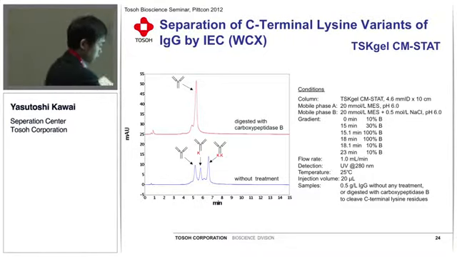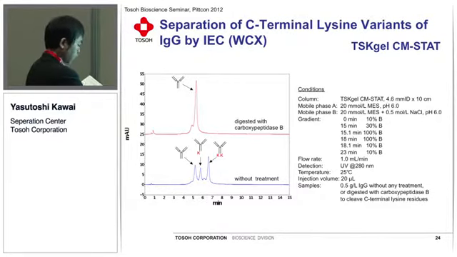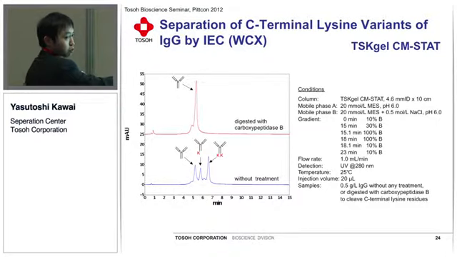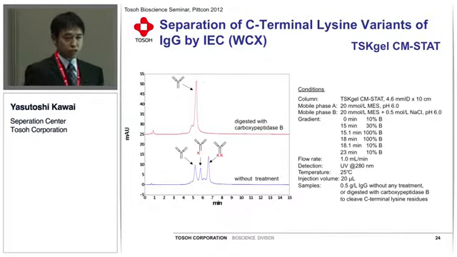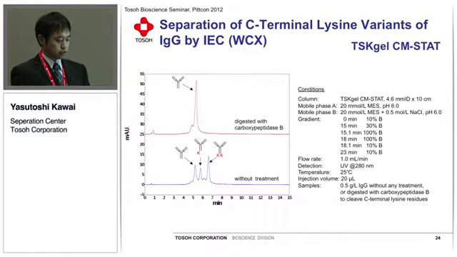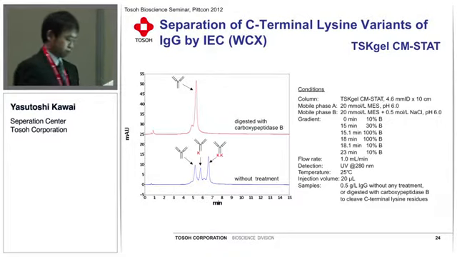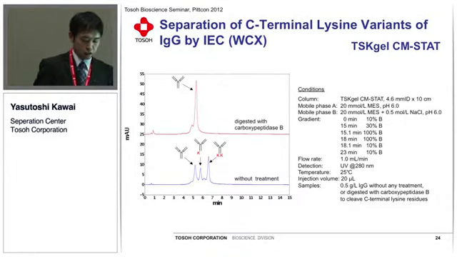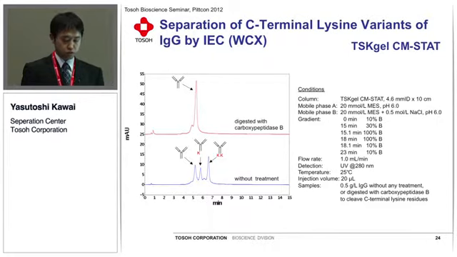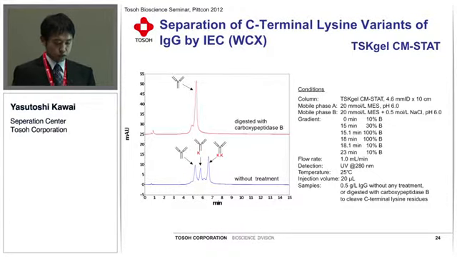The 3 peaks observed before digestion converged into one single peak. This result indicates that C-terminal lysine variants were separated by the CM-STAT column. Lysine is a positively charged amino acid, so lysine variants are separated by IEC, depending on the number of lysine residues.